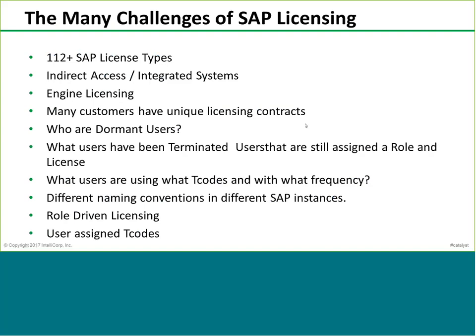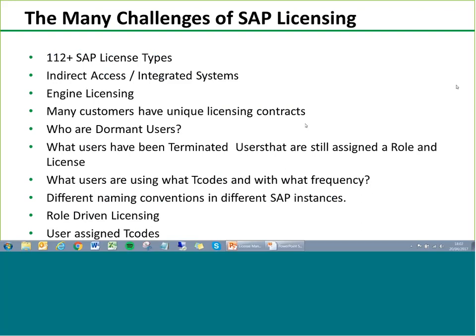Okay. Thank you, Emma. And to all those joining today, good morning, good afternoon, good evening, in whatever part of the world you're in. As I'm sure you all already recognize, licensing for SAP is a particularly challenging set of issues. There are in excess of 112 different license types.